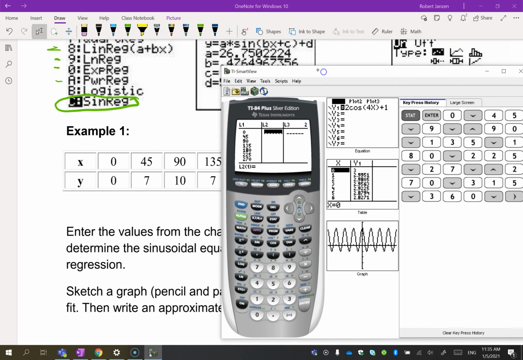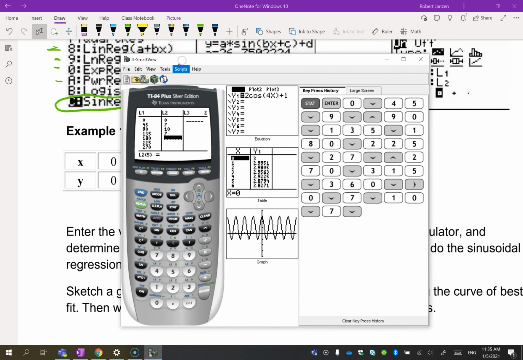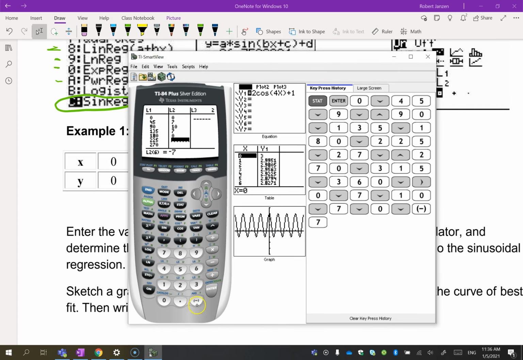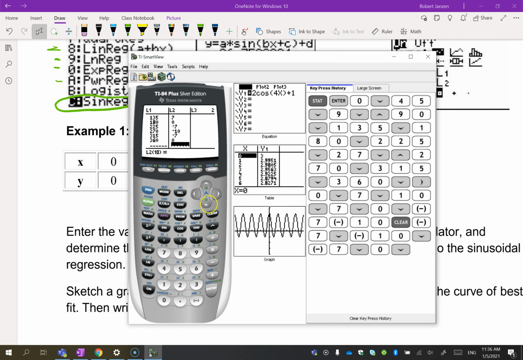Okay, so I've got the first column in, and then okay, data is entered.